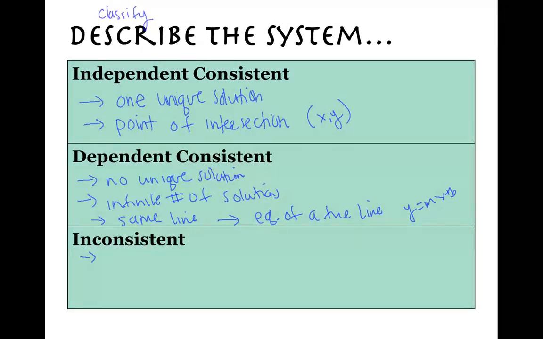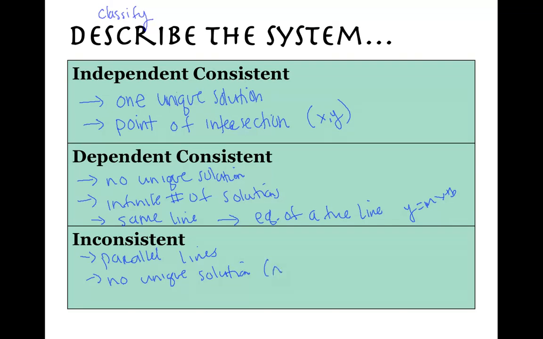If it is inconsistent, this means that we have parallel lines. Right? And again, there is no unique solution here. There is really no solution. So when you got down to this, and this is something where, when it cancels out, if you're doing the elimination method or linear combinations, you can get something like 0 equals 8, and you're like, that is nonsense.